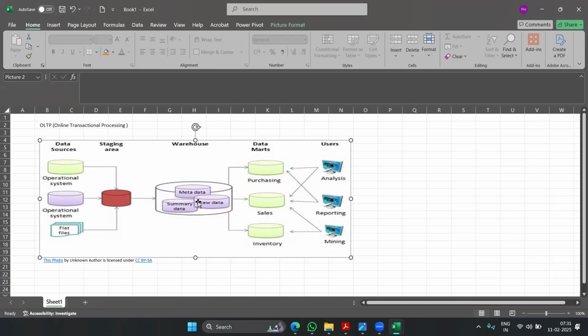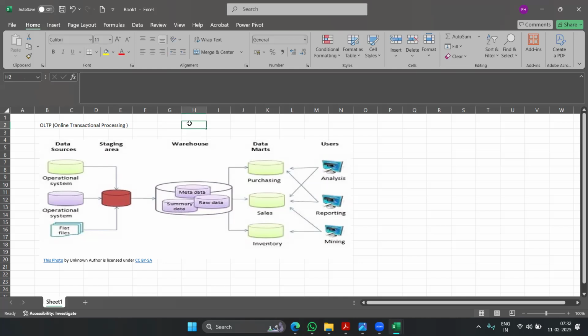By splitting the analytical part and the transactional part into two different systems, we make sure that they work effectively and we also get the data stored separately, right? And this warehouse part that is used for analysis, we call it OLAP, online analytical processing.